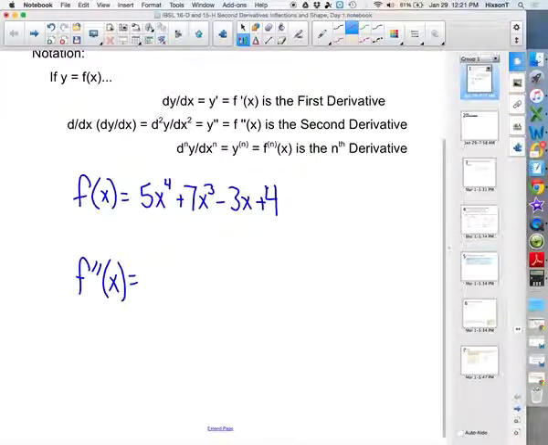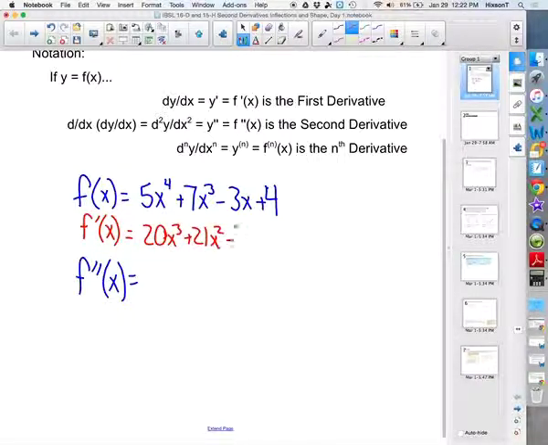Obviously, this is kind of like a recursive process. You have to find the first derivative first before you can find the second derivative. So what's our first derivative? 20x cubed plus 21x squared minus 3. Very good.